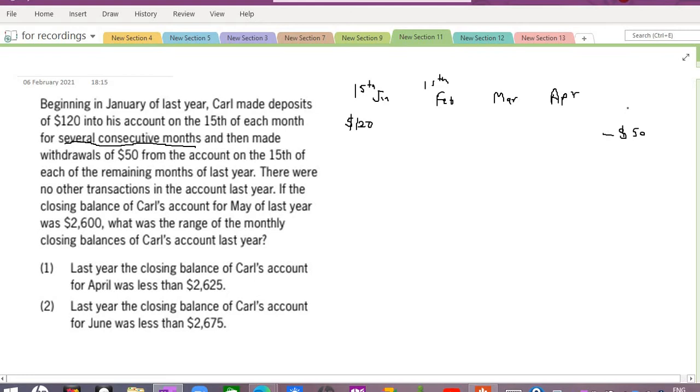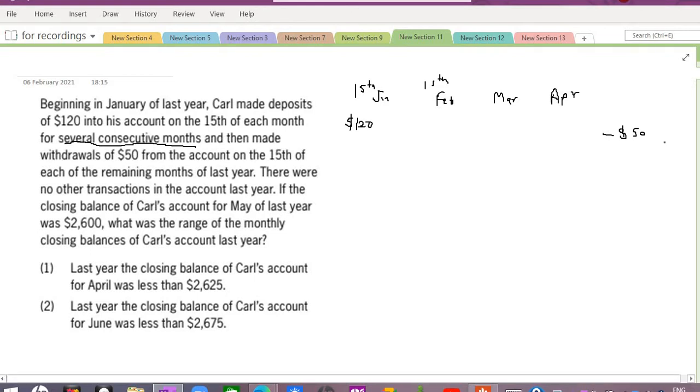Now, there were no other transactions in the account last year. Only the deposits of $120 on the 15th of each month, and then withdrawals of $50 from some month onwards, on the 15th of each month. These are the only transactions performed that year.